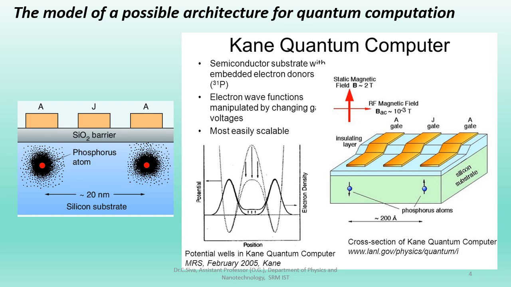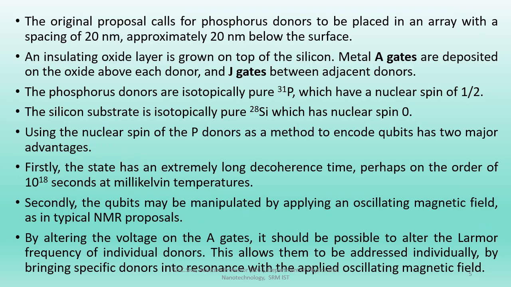Manipulation is achieved using oscillating magnetic fields, similar to nuclear magnetic resonance, by adjusting adjacent A gate voltages. Individual qubits can be spectrally addressed via Larmor frequency tuning. These details related to the architecture are provided in this slide.